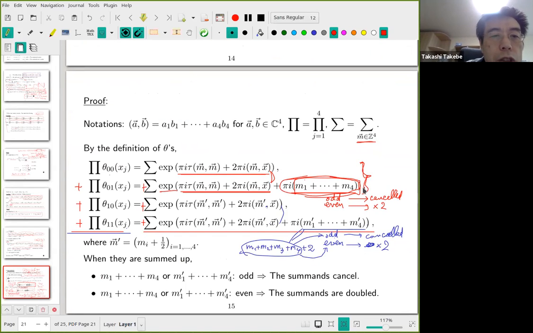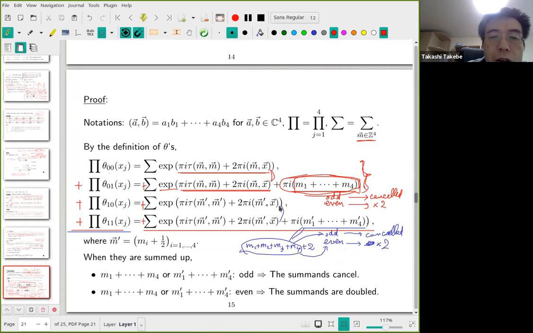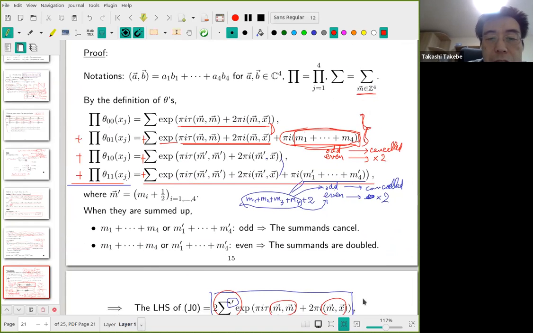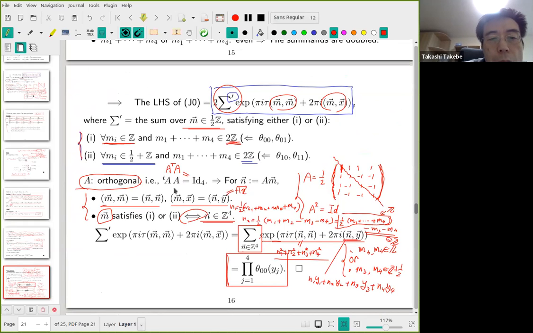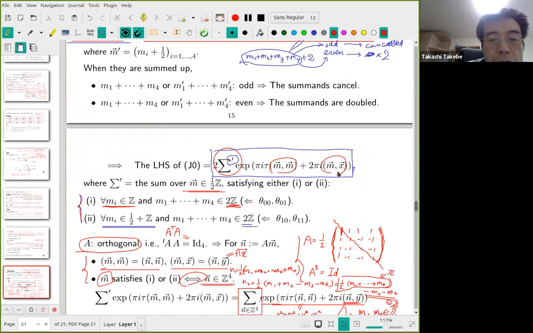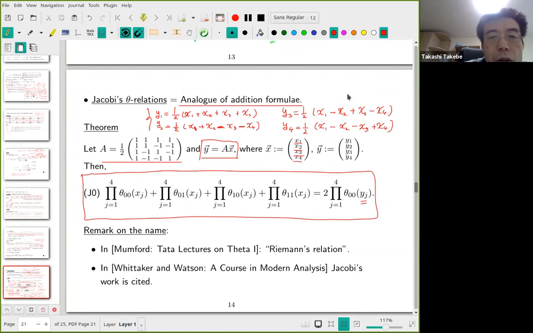But a more direct proof, probably due to Jacobi, is just to expand these products into sums like this and compare Fourier coefficients. Because of the good property of this matrix A. Or in other words, this coordinate transformation is quite nice.